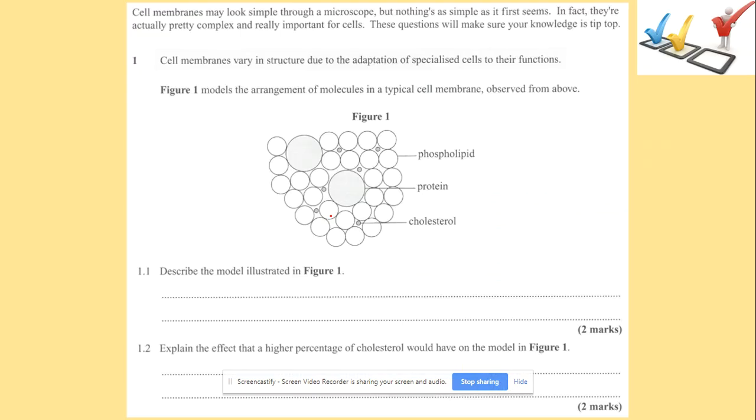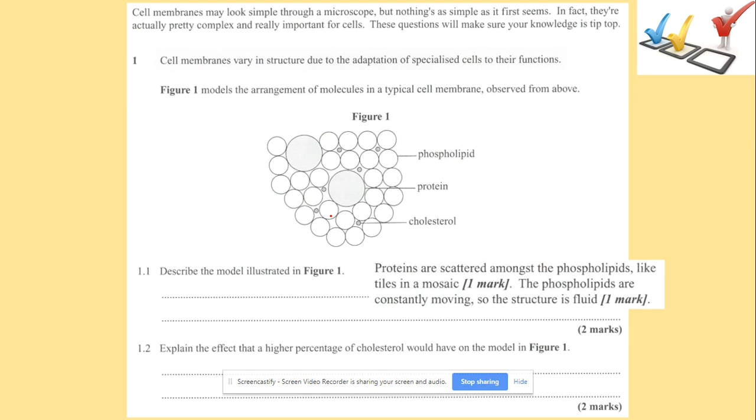Cholesterol, finally. Cholesterol is a molecule which reduces the fluidity and gives strength to the cell membrane. And we've got another question: describe the model illustrated in figure 1 and explain the effect of a higher percentage of cholesterol. So the model: proteins are within the phospholipid bilayer, so it is a mosaic, and fluid because they are moving, what we've got in our notes already.